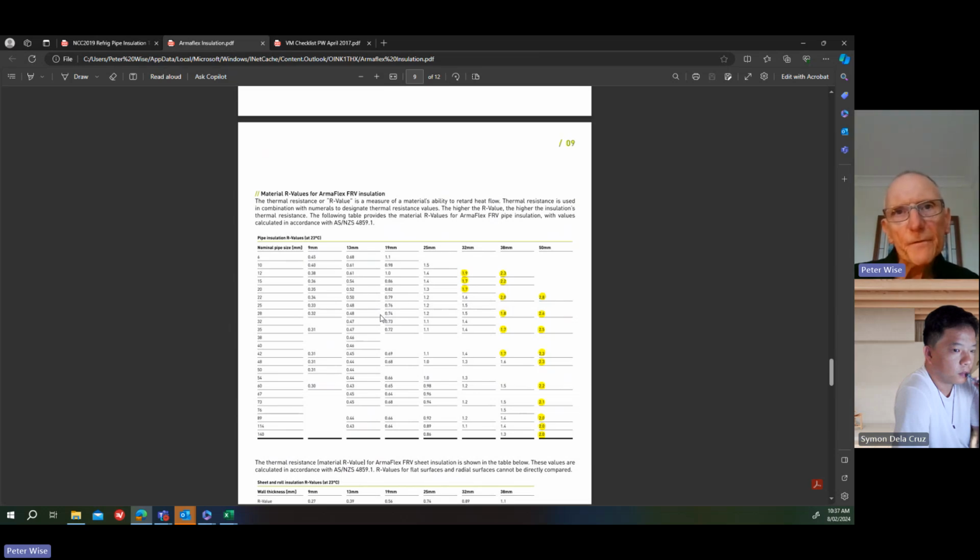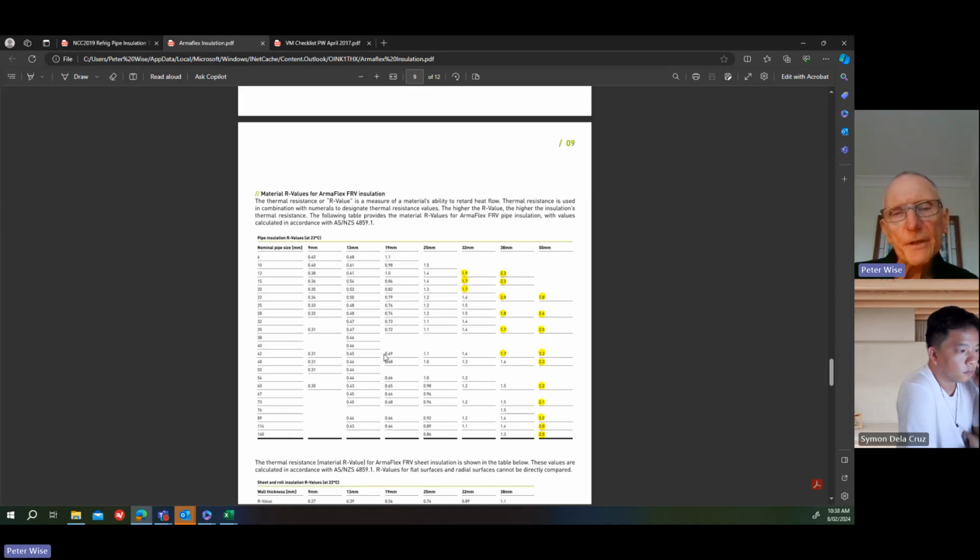Armaflex is a brand name, but that style of insulation comes with a vapor barrier. If you're using polystyrene or fiberglass, then you have to have an applied vapor barrier, which is a foil wrapping. You've probably seen that. It's covered in foil and sealed at the joints so that it stops the vapor migrating through the insulation onto the pipe.